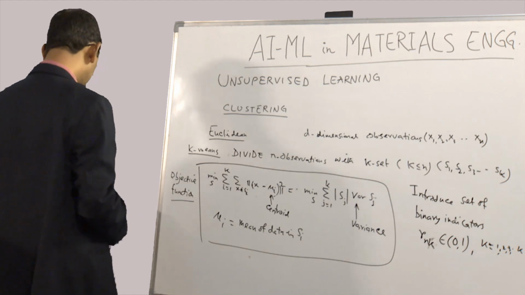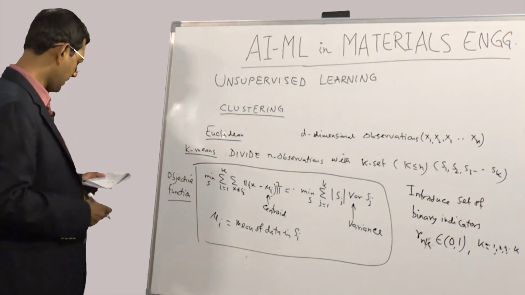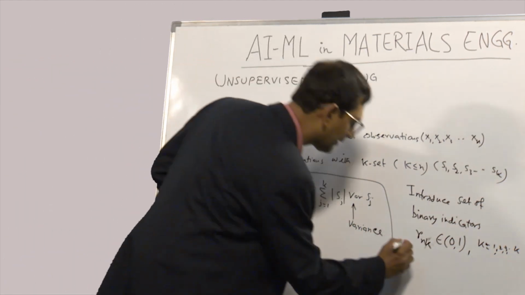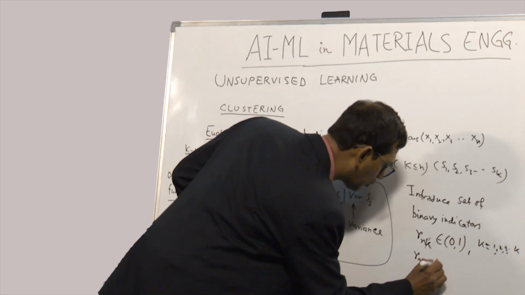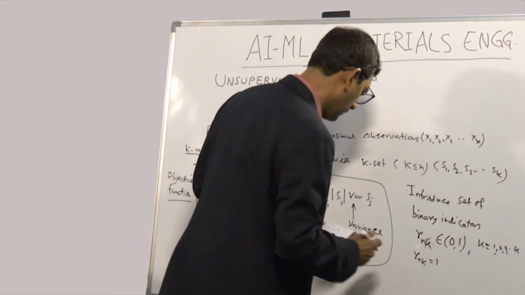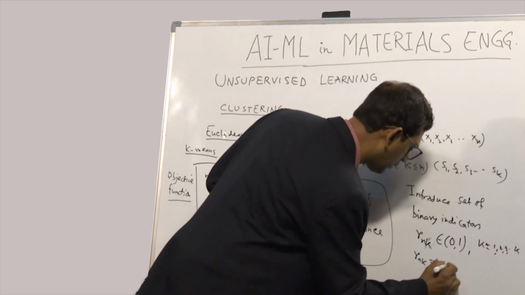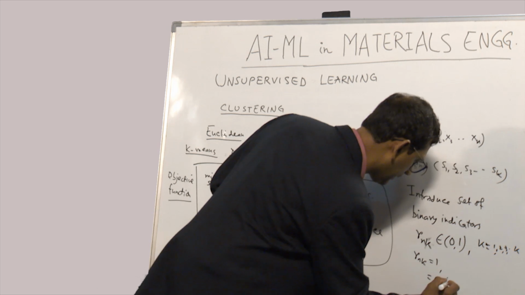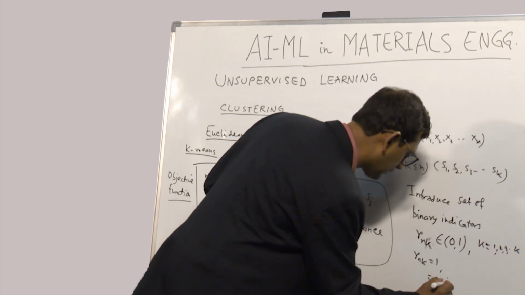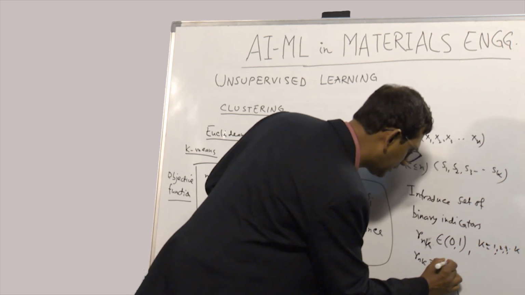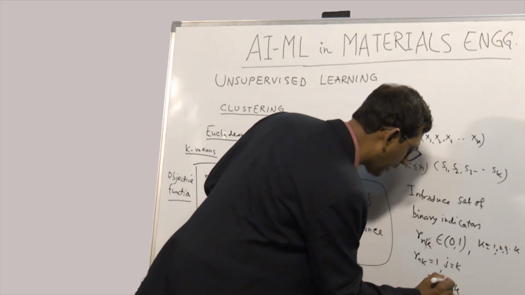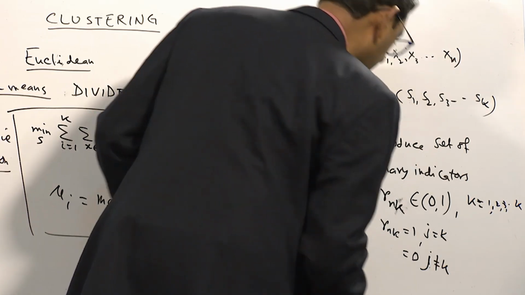So, what does it mean? It means that R_nk is 1 when j is equal to k, and it is 0 when j is not equal to k. That is the meaning of this.